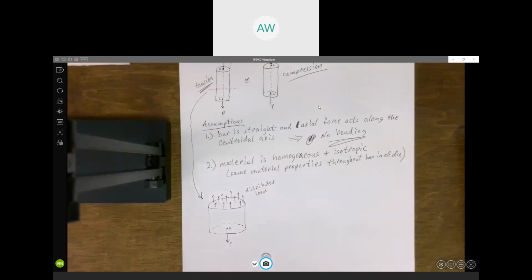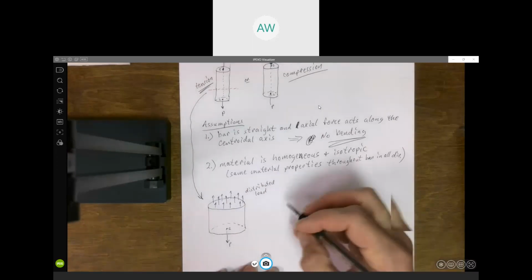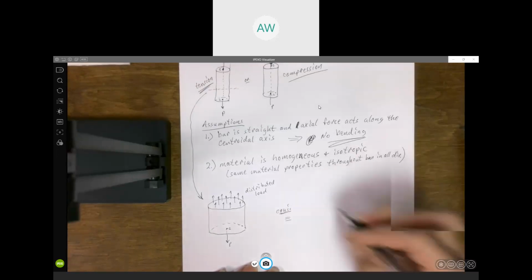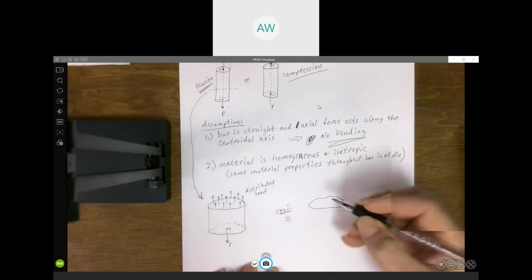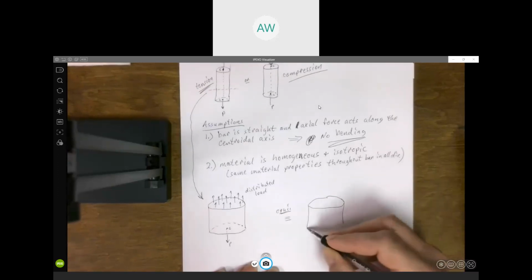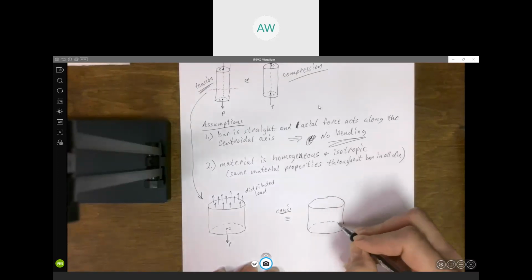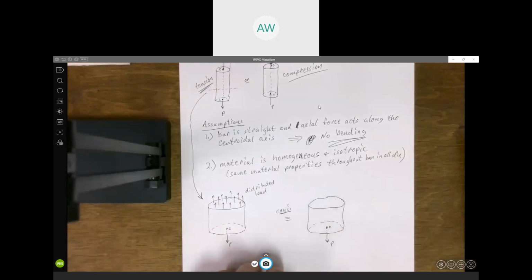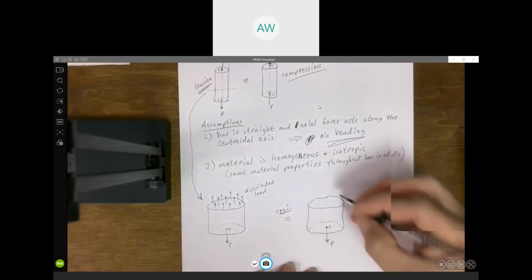Now, we know from statics that we can replace this distributed load with an equivalent resultant force. The result of this is pretty intuitive, but I just want to make sure everybody understands that in reality, on that cross section, there's not going to be a concentrated force, but we can replace it with an equivalent concentrated force.